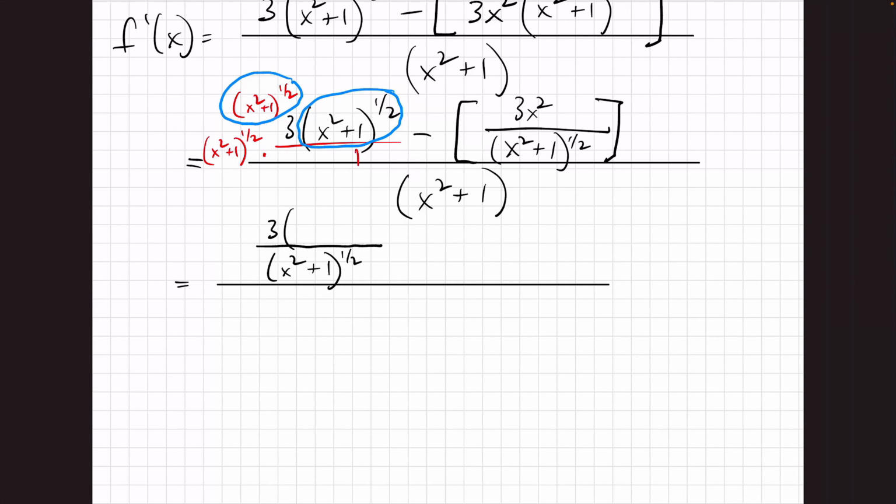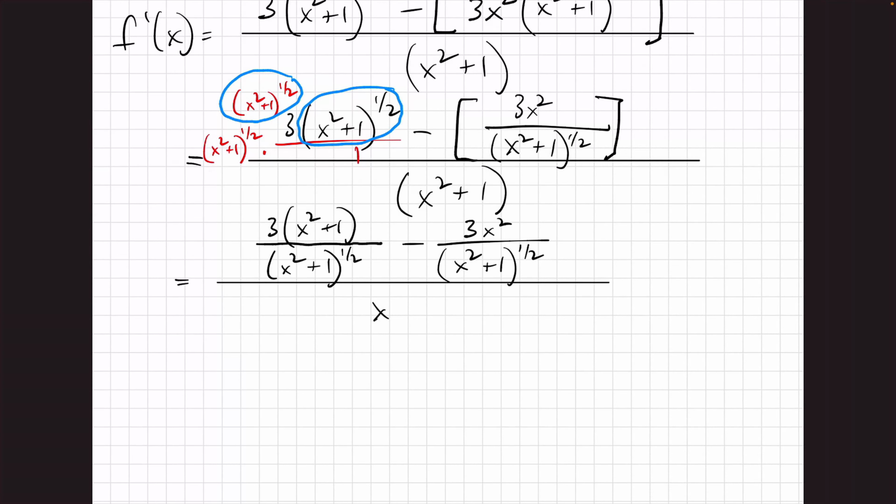So I have 3 times x squared plus 1 to the first power, minus, and I didn't touch this guy because he already had the same common denominator. And the bottom is just x squared plus 1. Now I can combine them because they have the same common denominator.